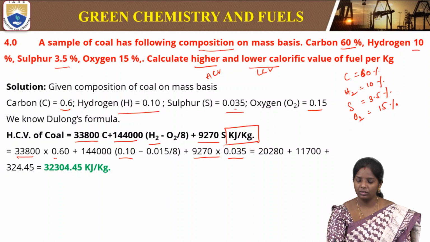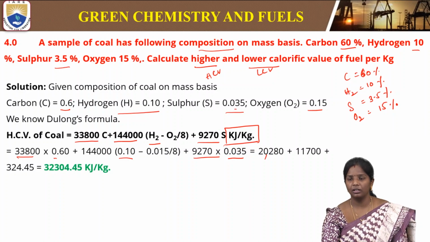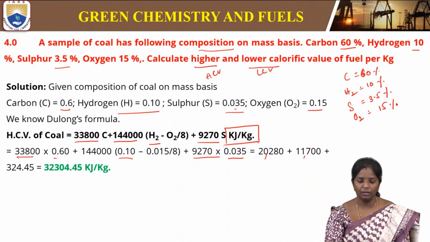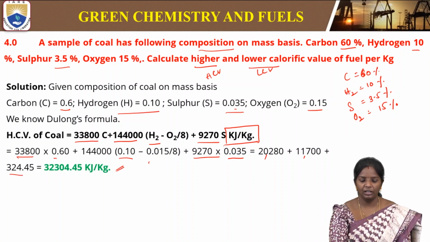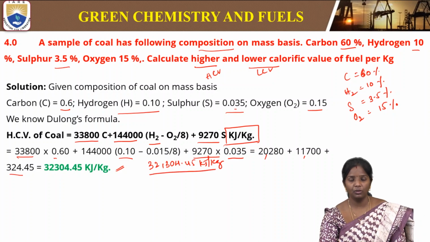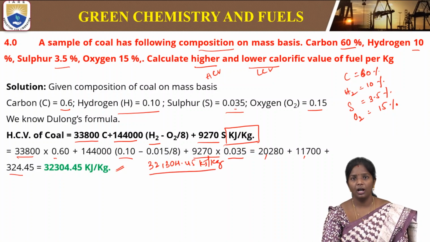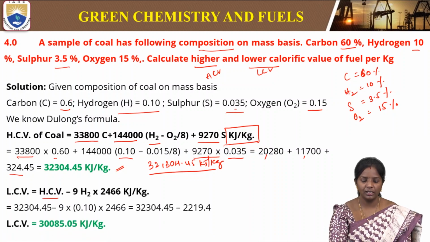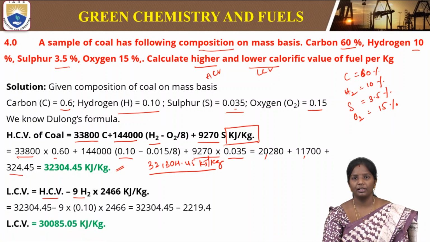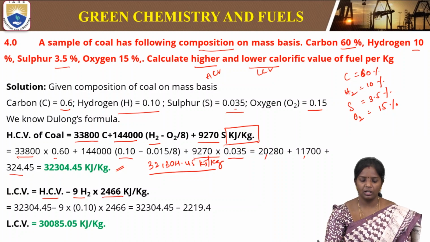So we get 20,280 plus 11,700 plus 324.45, and after adding we get 32,304.45 kilojoule per kg. That is the HCV value for this particular coal sample. Then LCV is HCV minus 9 into hydrogen into 2466 kilojoule per kg.